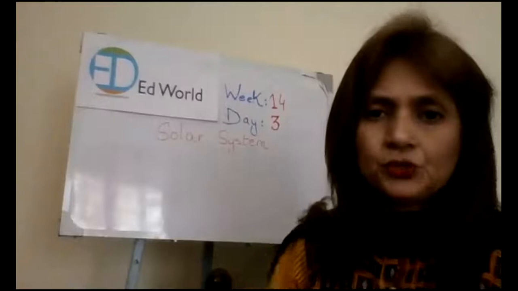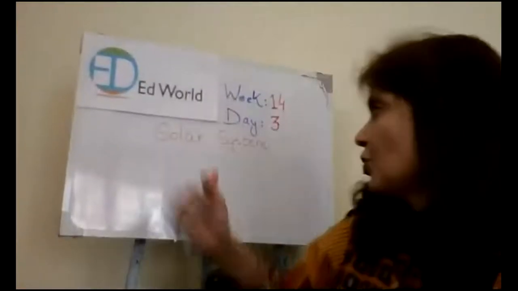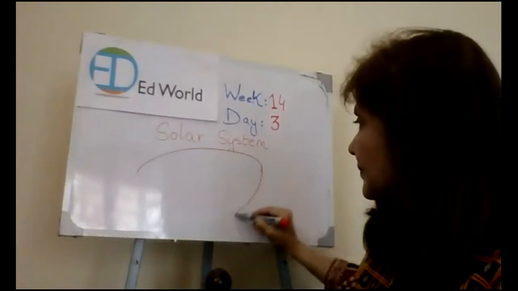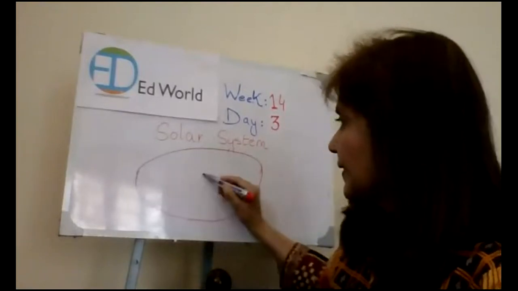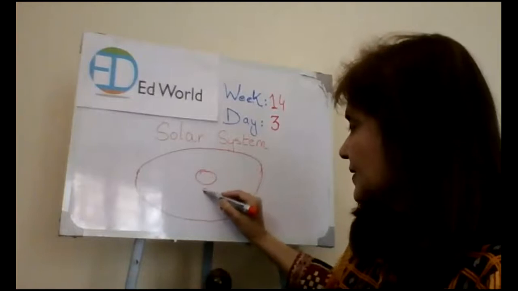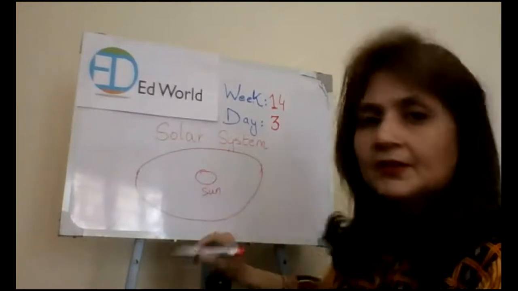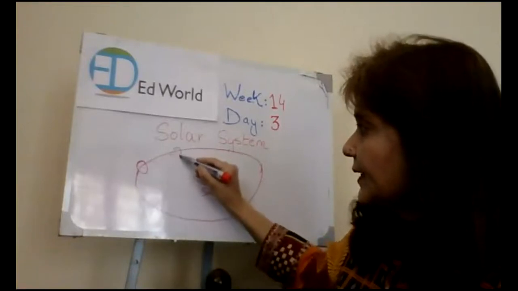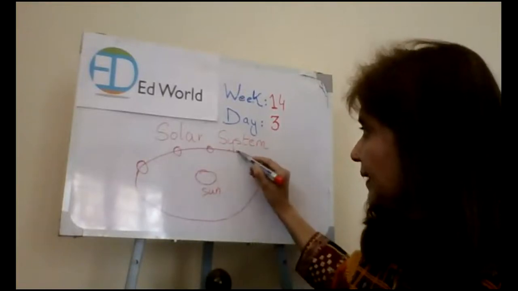Now, how are you going to draw? You are going to draw the solar system like this. Here is the sun. Now here is one planet, then another planet, then another planet.